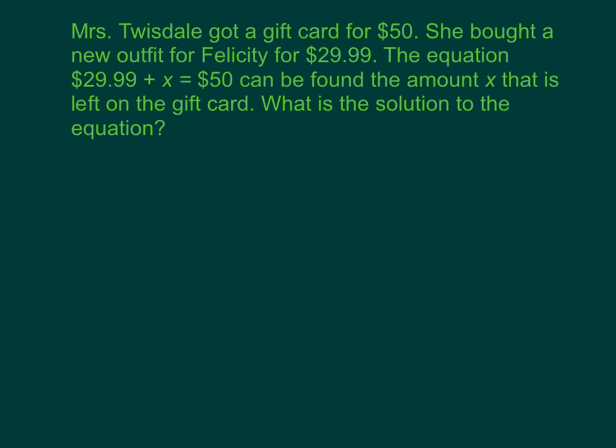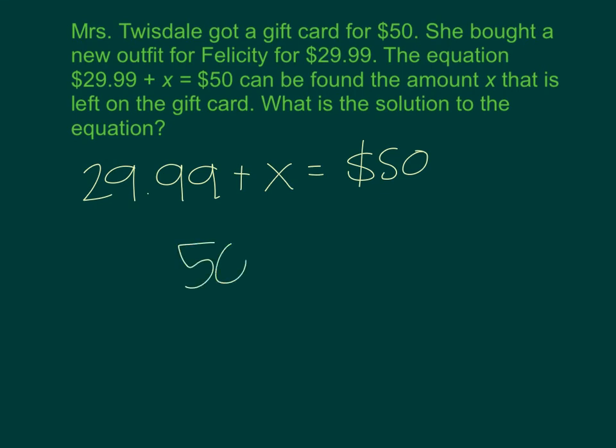Well, hopefully you figured it out regardless, but I'm going to show you the answer anyway here. Okay, so this is my method for doing this. I'm going to take $29.99 plus x equals $50. And I'm going to actually do some subtracting. I'm going to subtract $29.99 from $50.